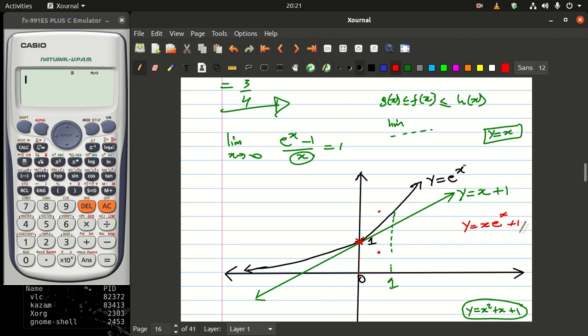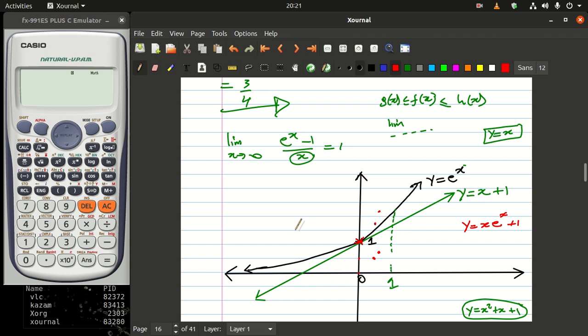So I have half of this value somewhere here, and adding a 1, I will end up getting a value that is somewhere still close, but it's going to be there.